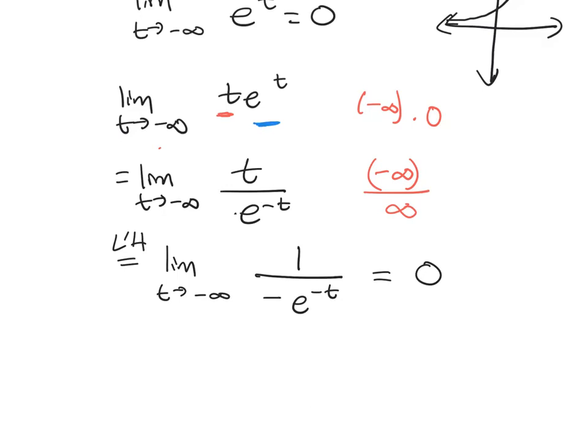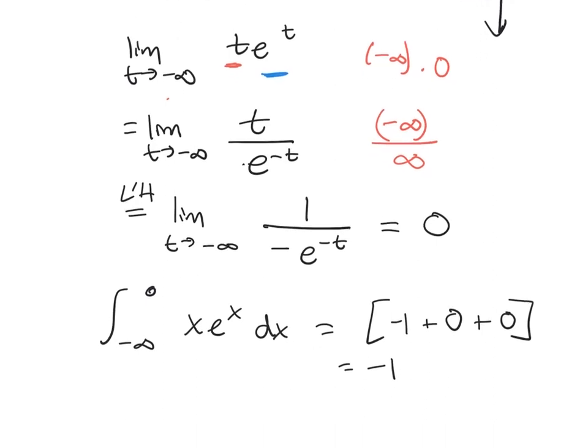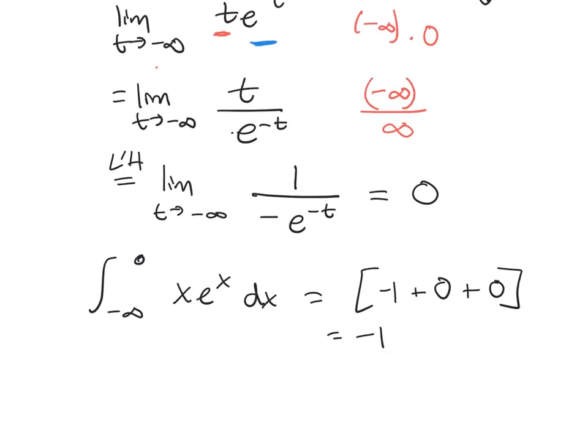So now I can say that this integral that I wanted to calculate, which was -infinity to 0, x e to the x dx, I got -1 for the first limit, 0 for the second, and 0 for the third, so it's -1. And that's my answer.